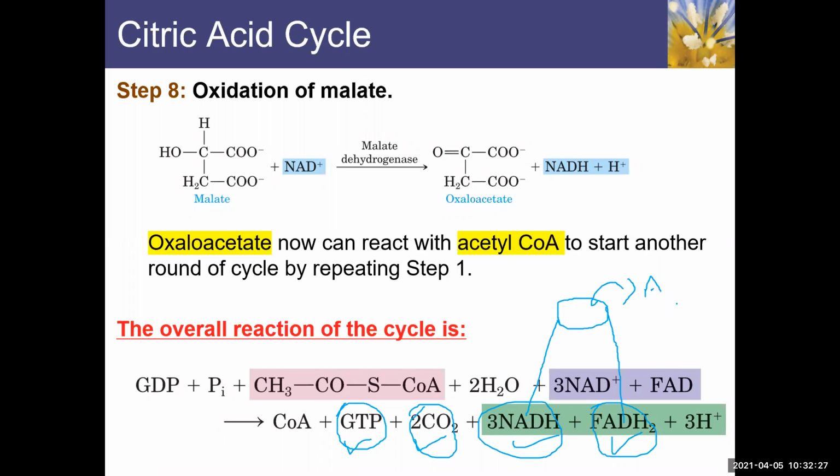Do we have any questions till now? So can anyone tell me now? TCA cycle oxidizes acetyl-CoA to what? Can you name this?